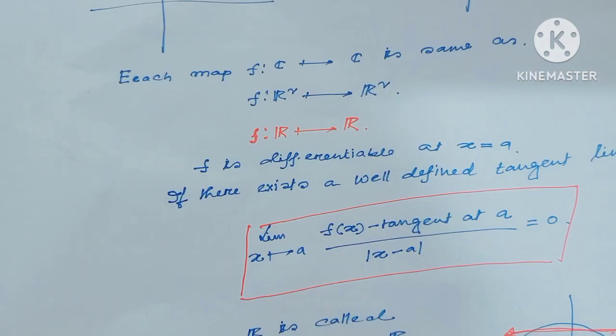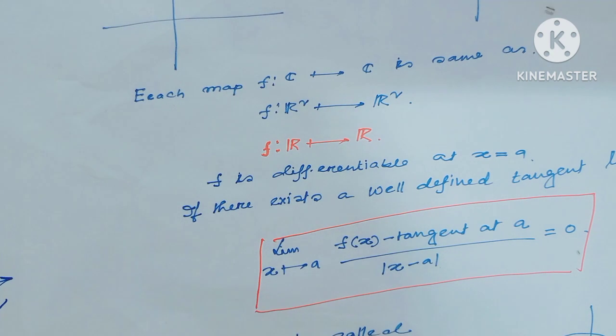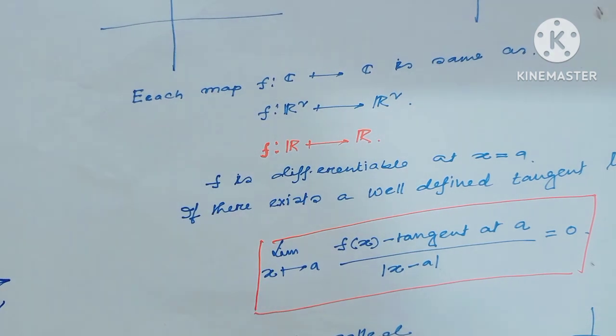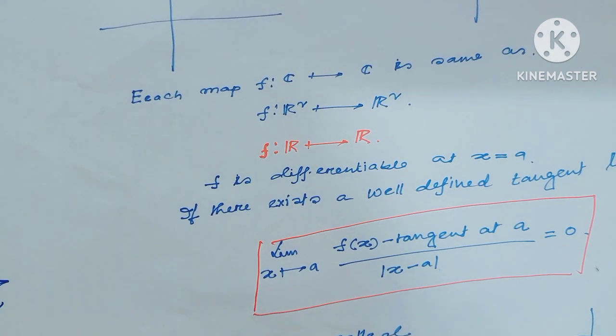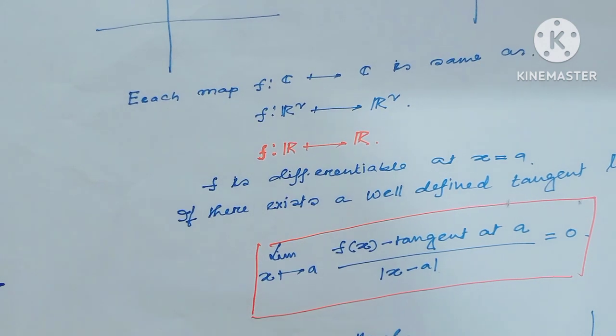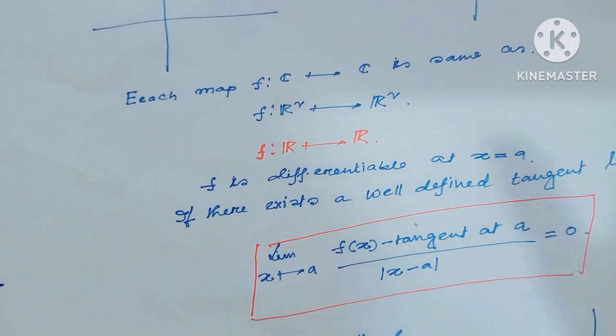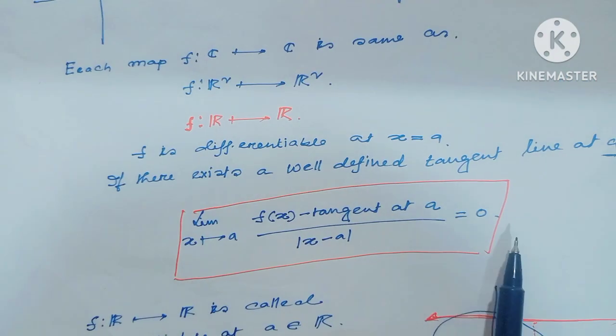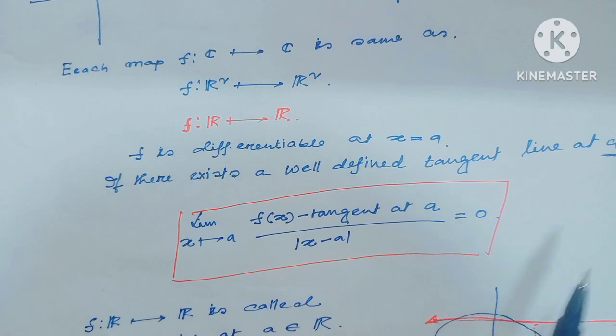That means the function is differentiable at a if the limit as x goes to a of (f(x) minus the tangent line at a) divided by mod (x minus a) equals 0. This is the linear approximation around the point a.